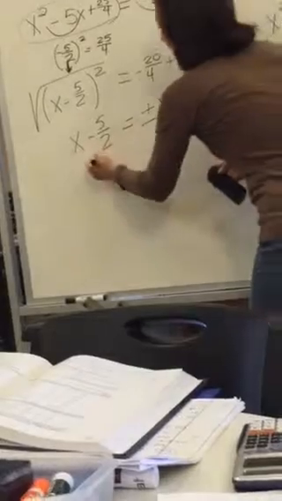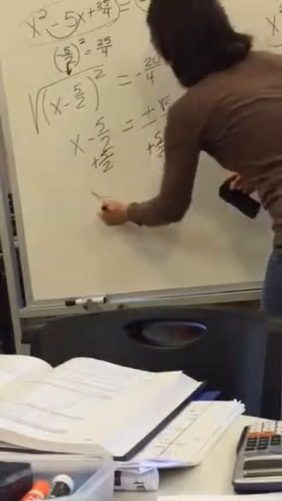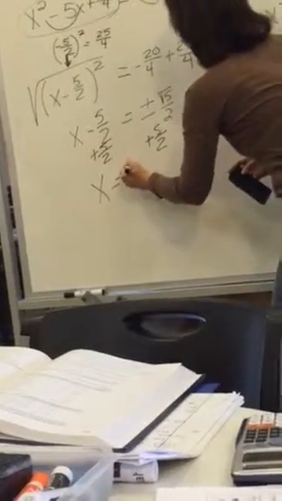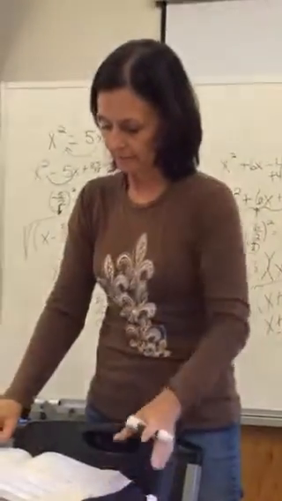So I add 5 halves on both sides. X equals 5 halves plus or minus the square root of 5 over 2.